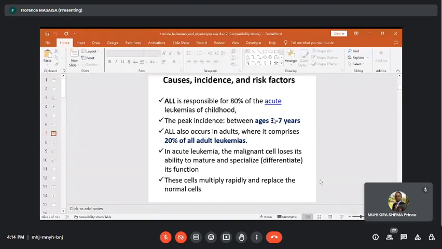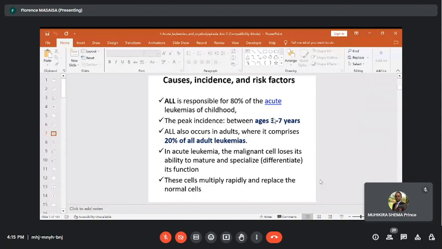So as we said from the beginning, in acute leukemia, the cells lose the capacity of maturating and differentiating. By this, they stay immature, they lose their normal functioning. Those cells multiply quickly and replace the bone marrow cells, which are supposed to be red cells, platelets, and so on.